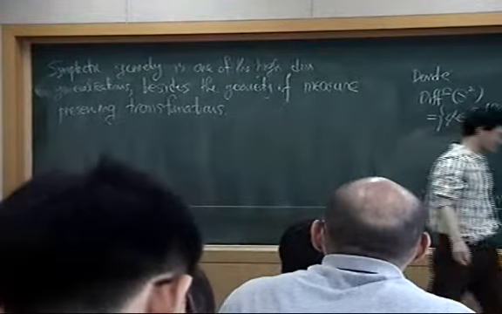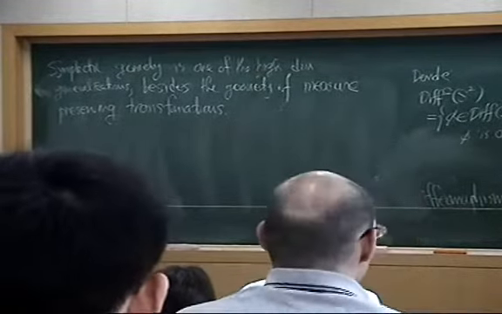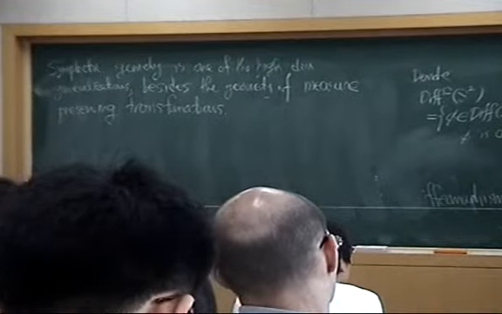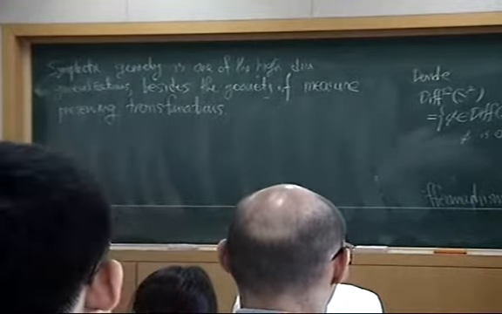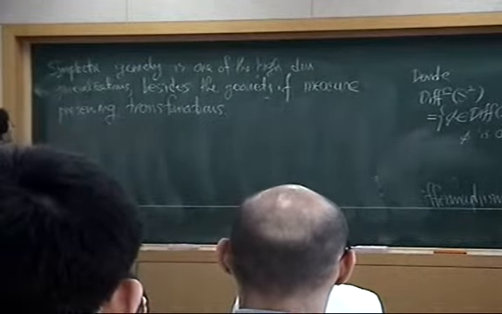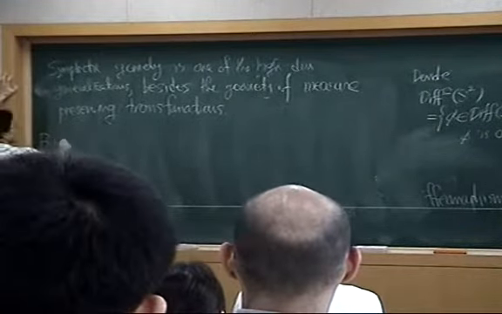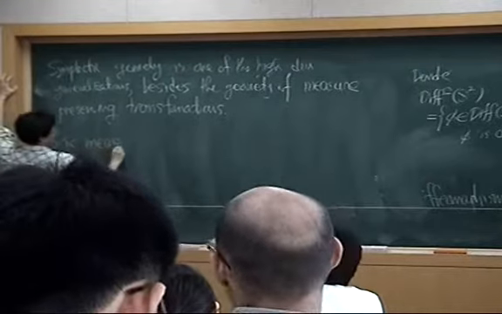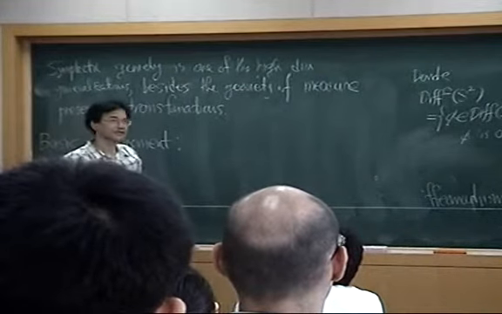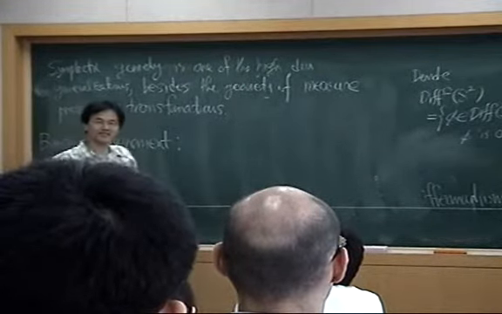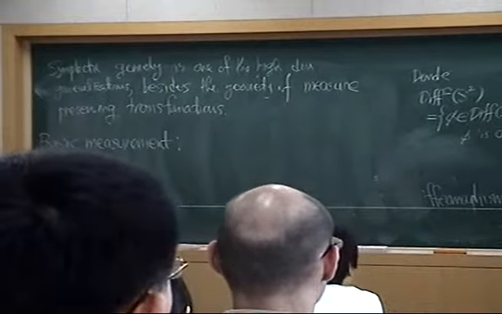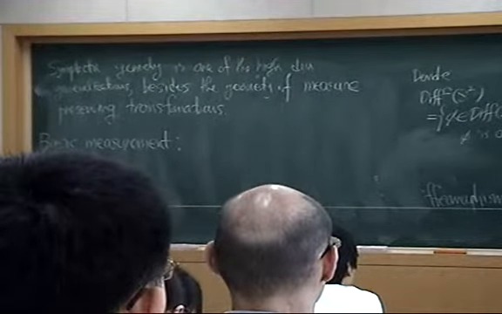So how do we do this? The basic measurement here, in this geometry, is area. In Riemannian geometry, the basic measurement is the length of a curve. But in this geometry, the basic measurement is some kind of area of a two-dimensional surface.